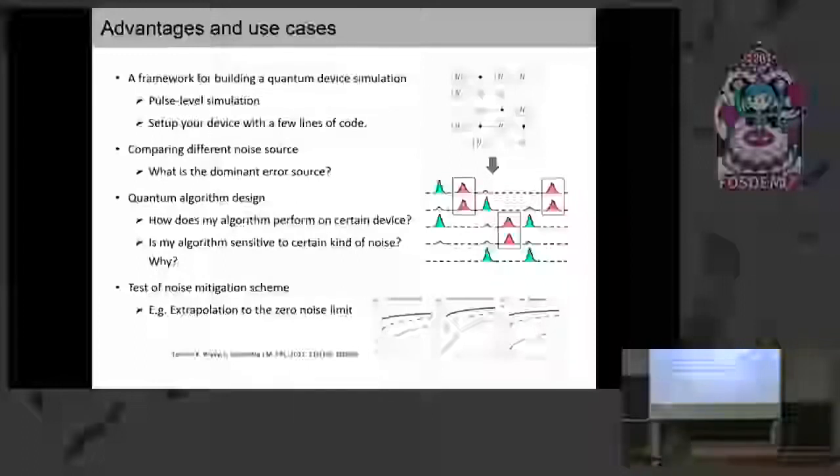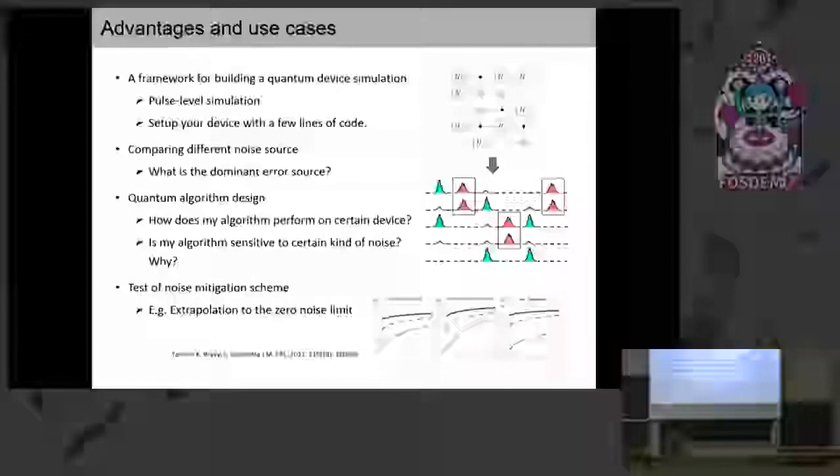If you design a quantum algorithm, you can also give your quantum algorithm as an input to our system, and then you can see how the algorithm performs on a certain kind of device, or whether my algorithm is sensitive to some certain kind of noise.